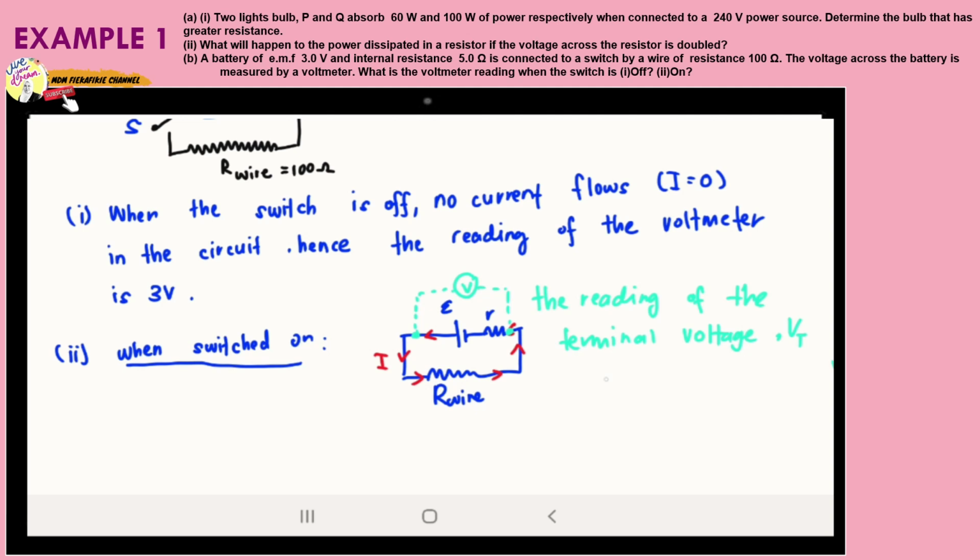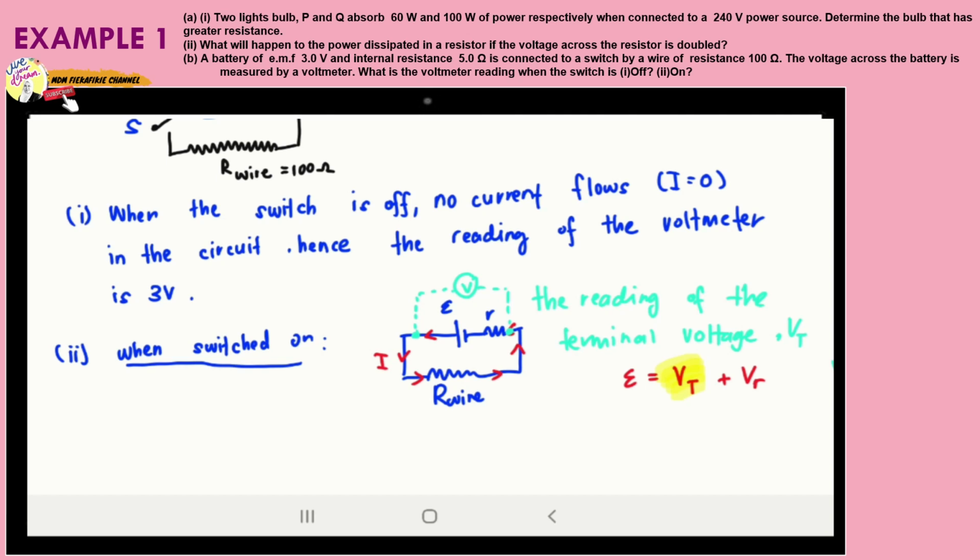So we can write that EMF is equal to terminal voltage plus the voltage across the internal resistance in the battery, Vr. Now we want to find the value of the terminal voltage.